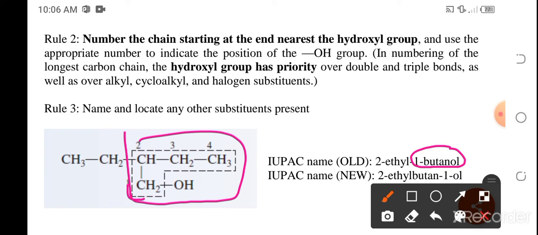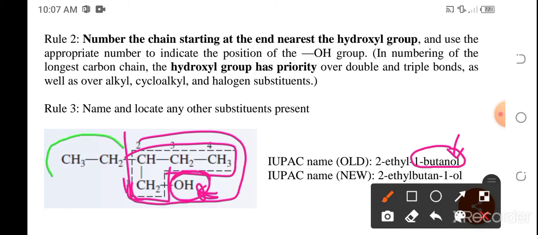Ang 1 butanol, this is the but, and that hydroxyl group is attached on carbon 1. The hydroxyl is denoted by the suffix OL because it is the functional group for alcohol. Now, what is not included in the name 1-butanol, ang hindi na isama dun sa 1-butanol ay this part.